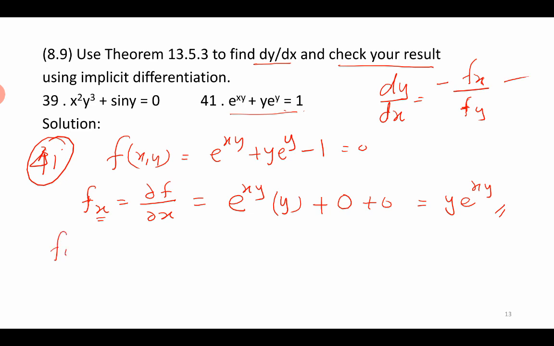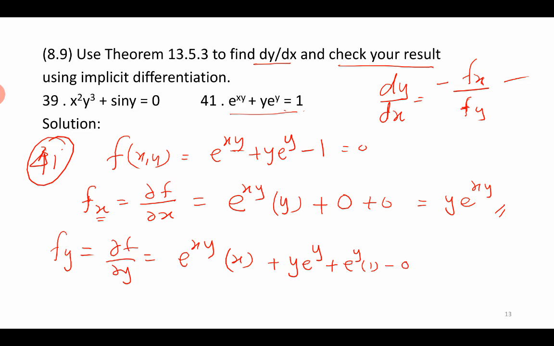Now differentiate f with respect to y. You will get first, that is ∂f/∂y, e raised to xy, when you differentiate xy with respect to y, you will get x, plus y times e raised to y should be dealt with the product rule. Keep y, differentiate e raised to y, plus keep e raised to y, differentiate y, it will be 1, and then negative 1 will be 0.